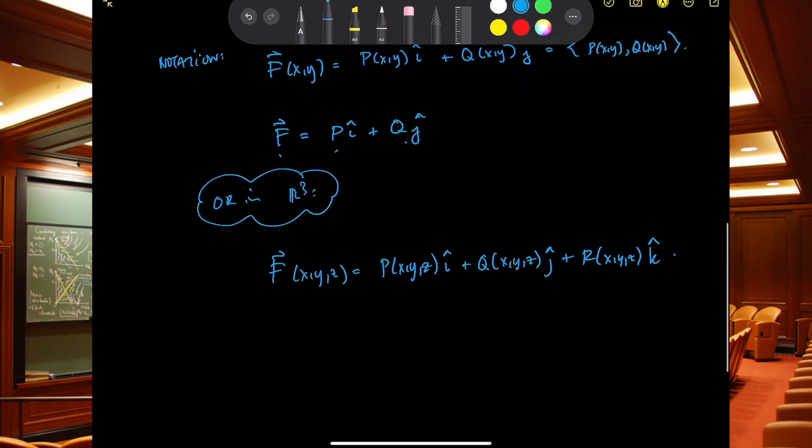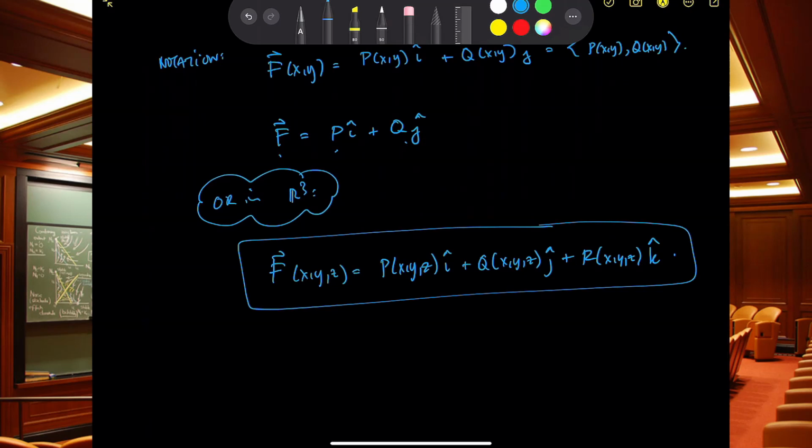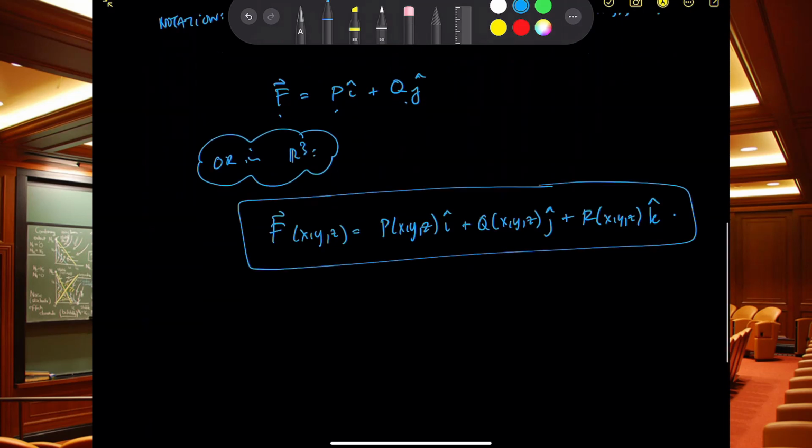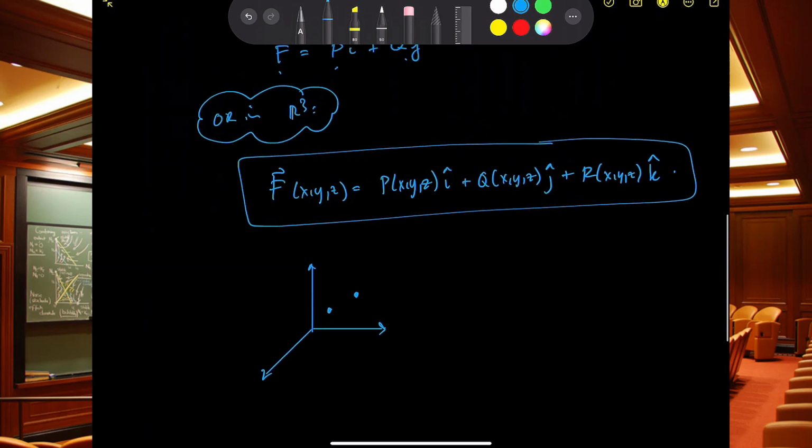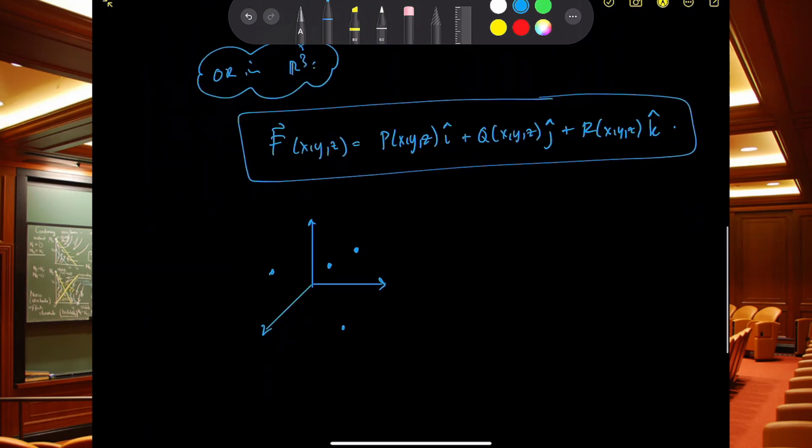So again, you can think of at each point x, y, z in space, and I'm going to quickly move over to a visual aid. That's not my hand drawing, but at each point in R3, assigning some vector that's given to me by P, Q, and R, the components of which depend on the coordinates of that point in space. So hopefully that makes sense. And again, think of this as being like fluid flow or airflow.